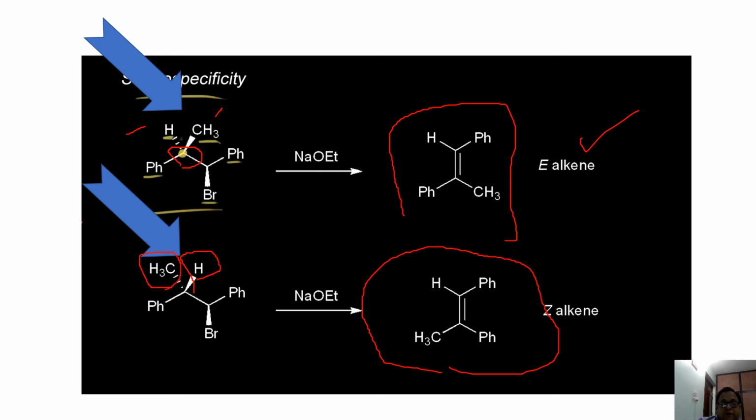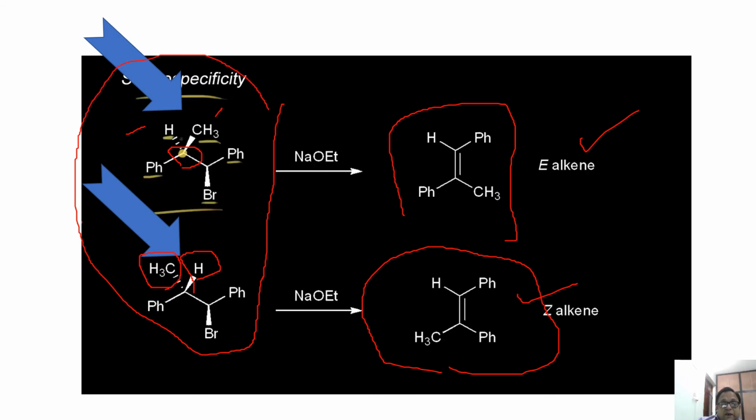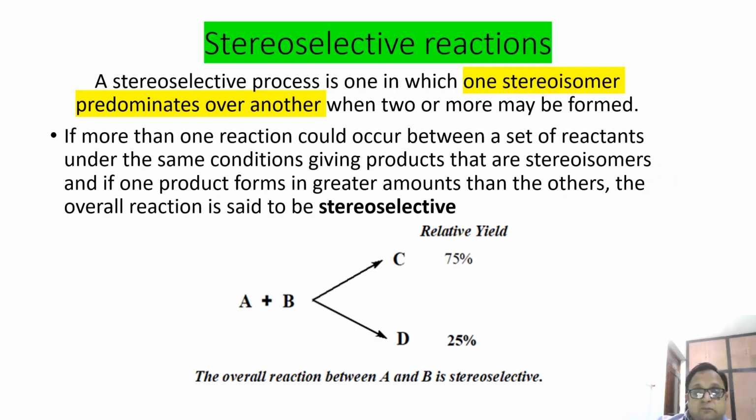So in this case, we are getting the Z-alkene. So it is totally the stereochemistry of the reactant that is determining the nature of the product. So if this type of reaction happens, these types of reactions are called stereospecific reactions.